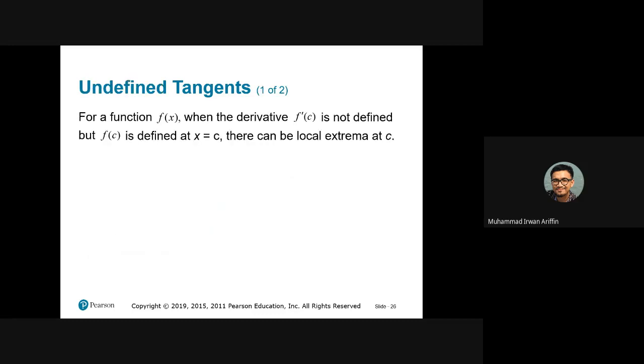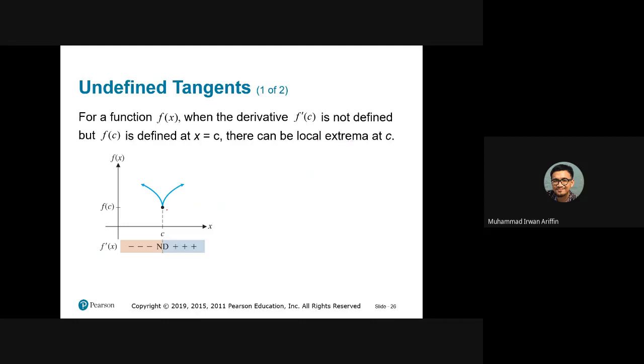Now, remember the third example, when we have the ratio function. Sometimes for a function, the derivative is not defined, but the function itself is defined. In this case, there can still be local extrema.